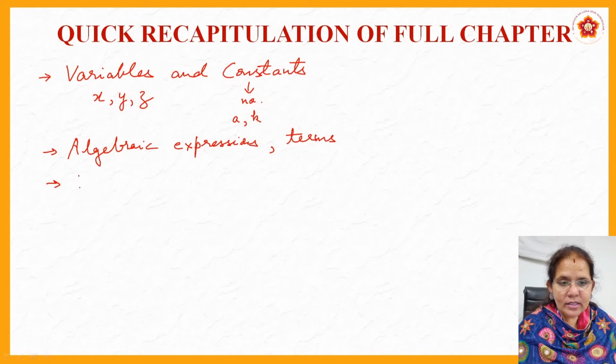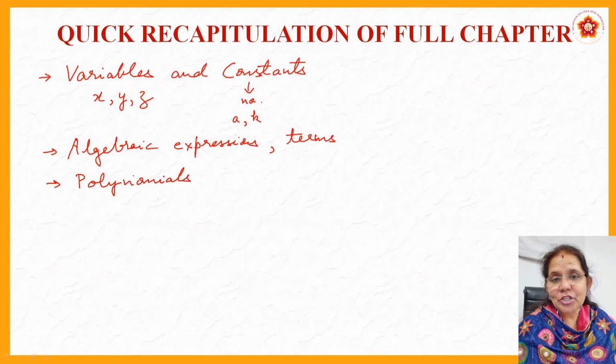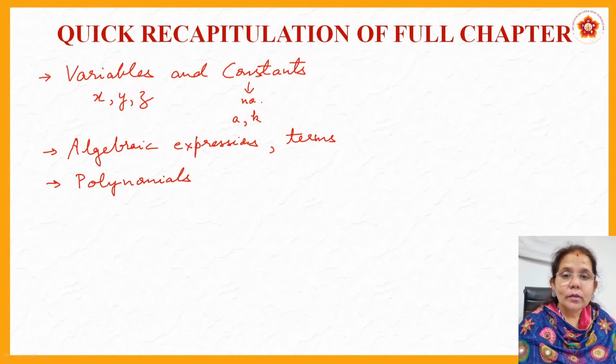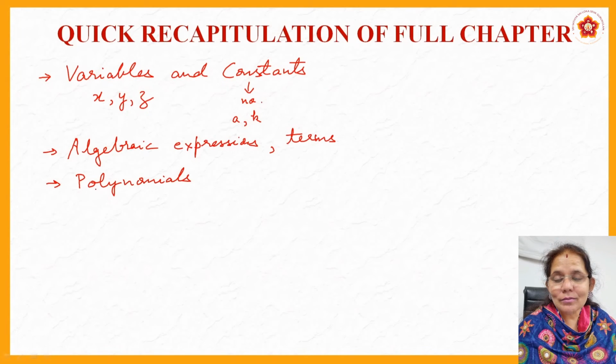Then we discussed how to identify polynomials as a special case of algebraic expressions. Do you remember? When does an algebraic expression become a polynomial? The denominator cannot have the variable.